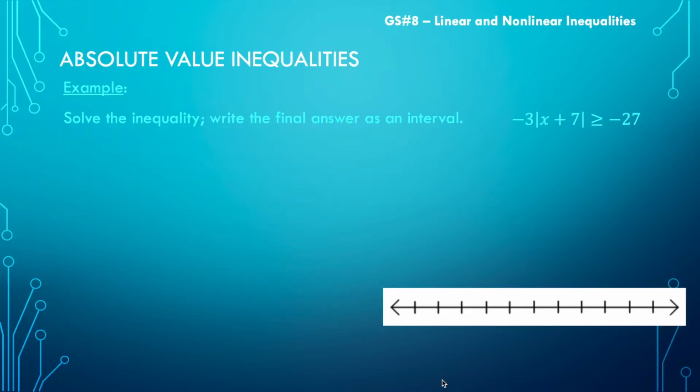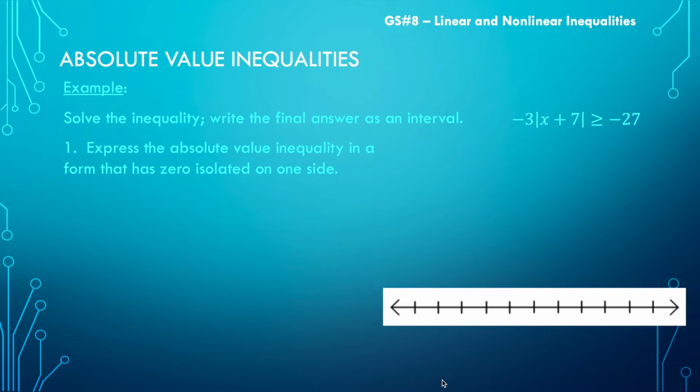So same steps apply. The only thing that's going to be different is we have an absolute value inequality instead of a polynomial inequality. So we will go through the same set of steps. If I'm looking at this absolute value inequality, -3 times the absolute value of x plus 7 is greater than or equal to -27, the first thing I want to do is rewrite this so that we're relating it to 0.